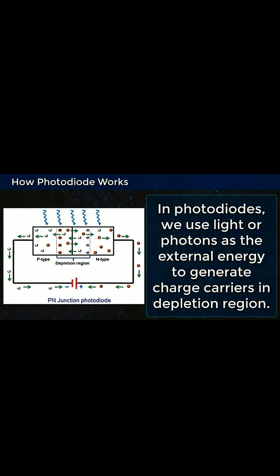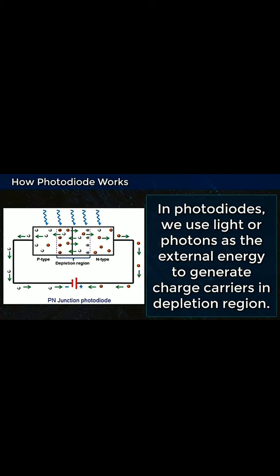And we know that the energy of the incident light is E equals h times nu, with some frequency. So what happens when this light is incident directly on the depletion layer? We know that inside the depletion layer the immobile charges are present, which have no energy, and they will not move from their places.